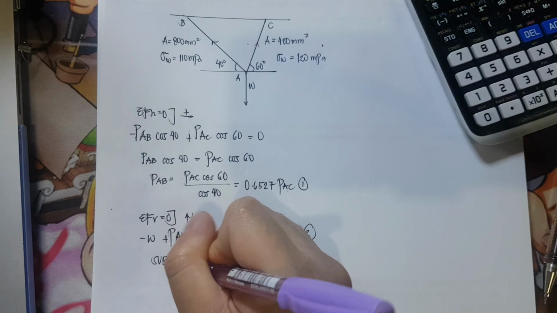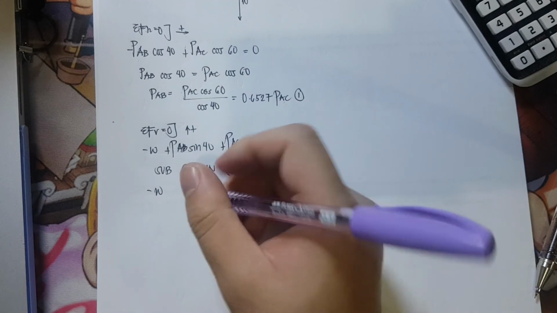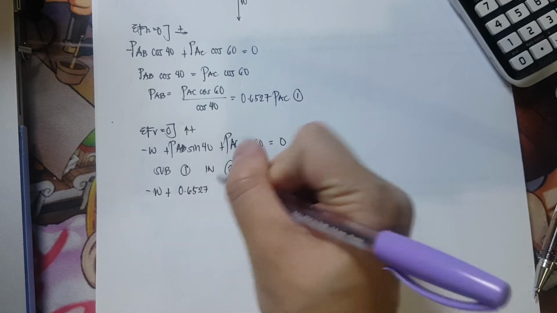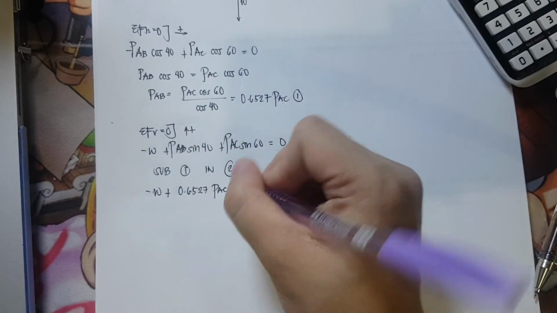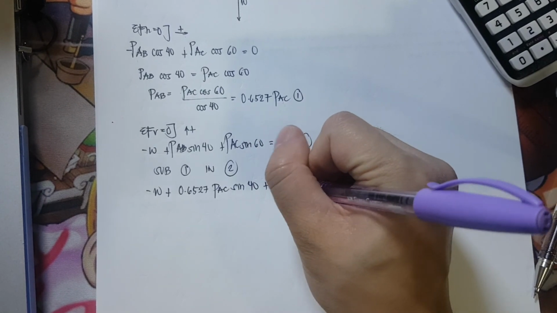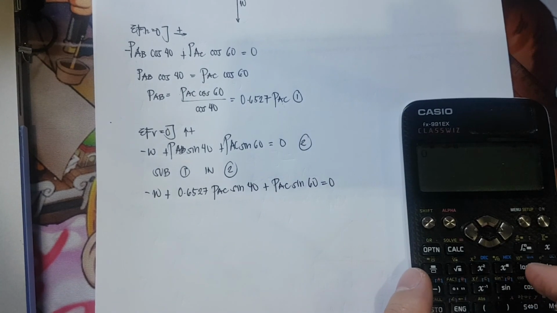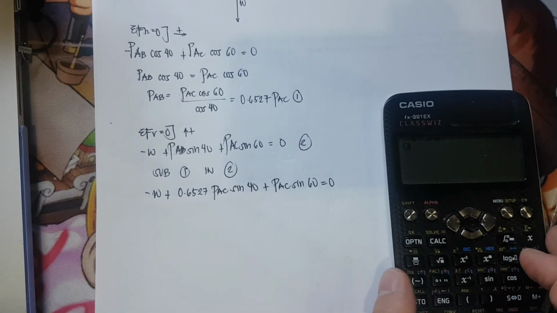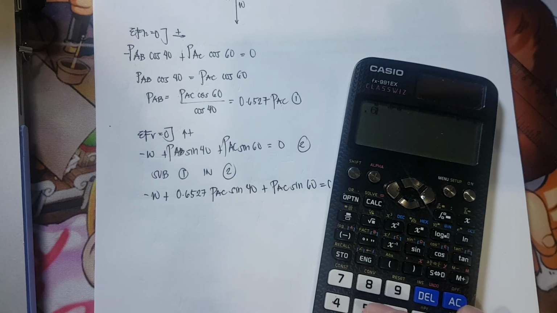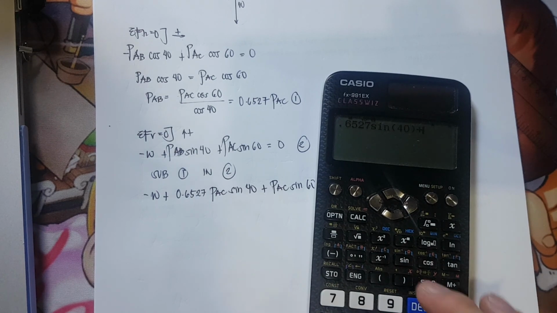So, substitute 1 in 2. That would be negative W plus 0.6527 PAC sine 40 plus PAC sine 60 is equivalent to 0. Simplifying, 0.6527 sine 40 plus sine 60 gives 1.2856.